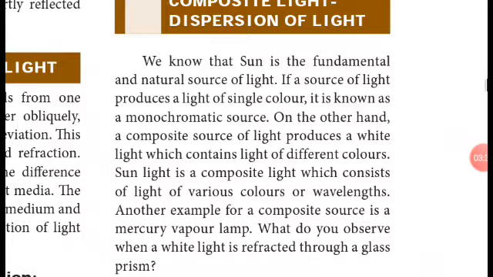But you can ask me a question: if you mix these VIBGYOR colors using paint, in a single tray, you won't get white. Because in this chapter, white light means it's light, it's not color. Light is different from colors.